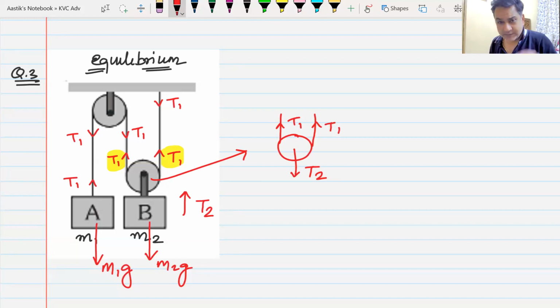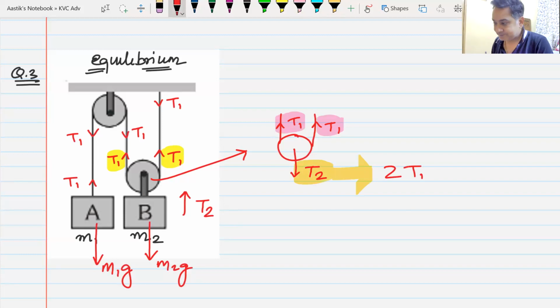Yes, sir. Remember, the pulley is always ideal, so the net force acting on the pulley must be 0. That means T1 and T1 in the upward direction should be equal to T2 in the downward direction. Yes or no? So I can write this T2 as 2 times T1.